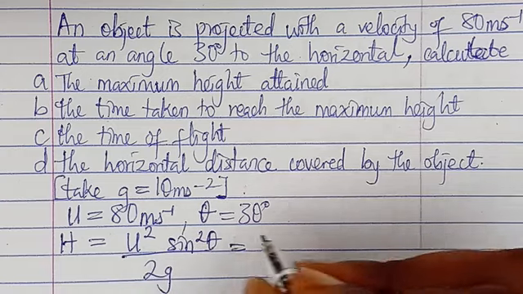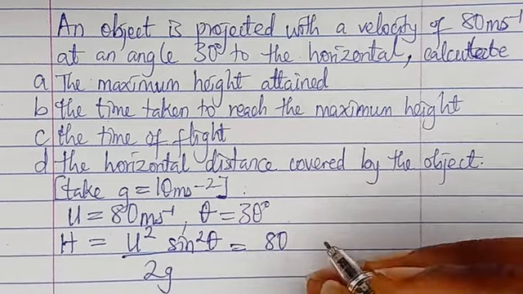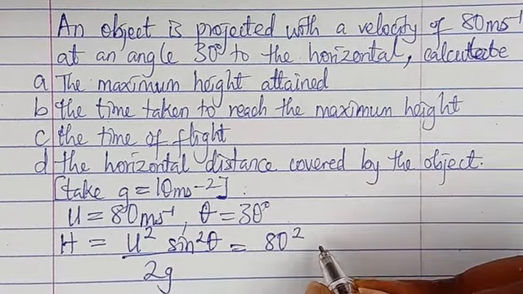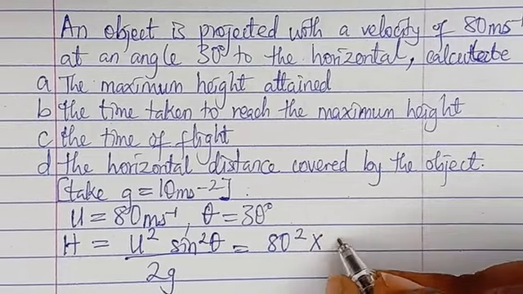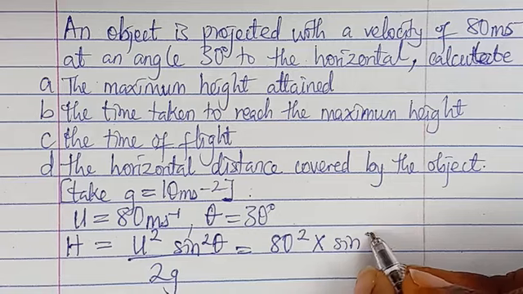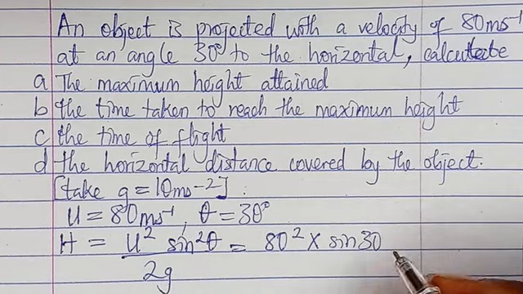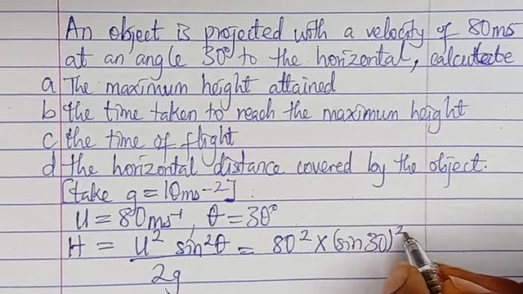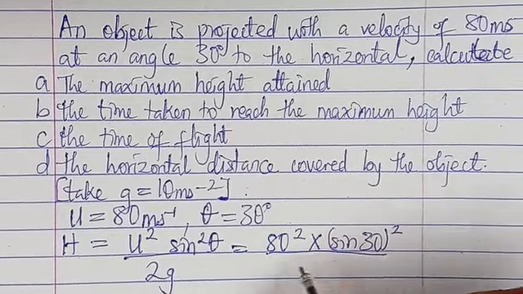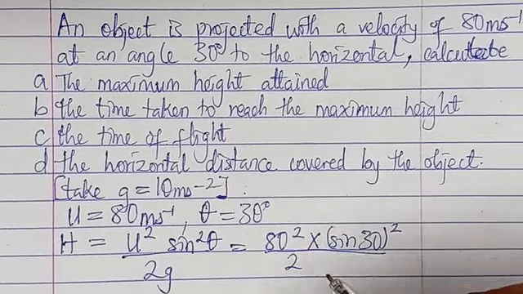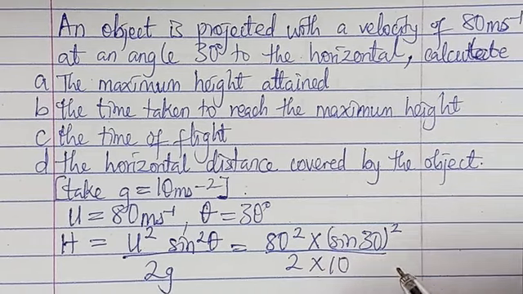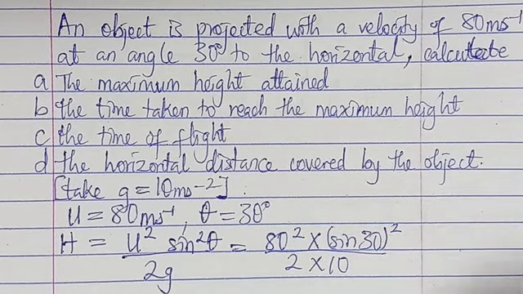So the initial velocity, 80 squared, times sine 30. This sine squared theta means the sine of that angle squared, over 2. And of course, we are given acceleration due to gravity as the constant 10.